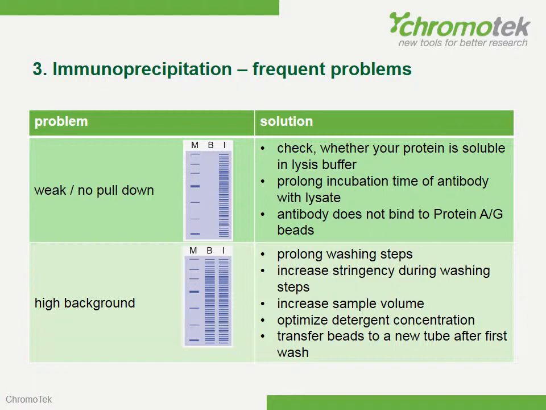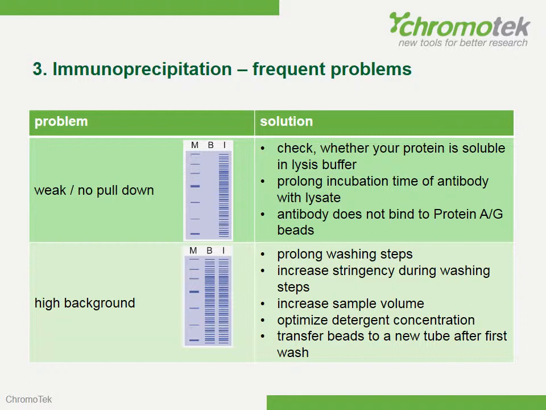Another problem might be that you have really high background in your bound lane. So to reduce background, you can try to prolong the washing steps. So go up to even 5 minutes if your protein or protein complex is stable. You can increase the stringency during the washing steps. You can increase the sample volume during your IP.